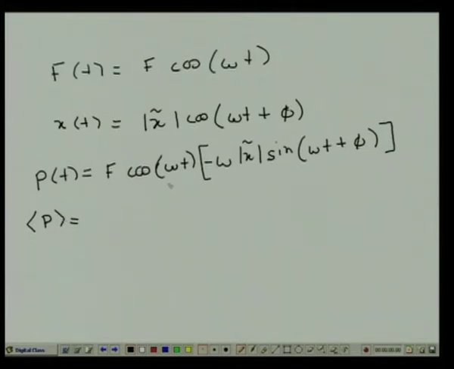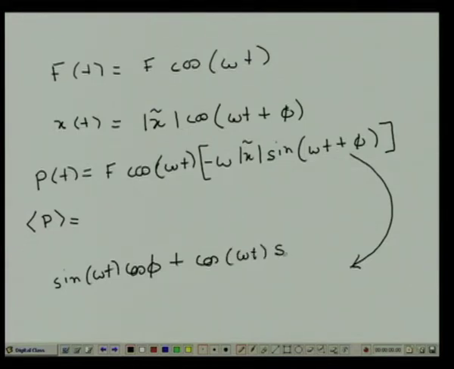This calculation would be simplified if I were to write sin(omega t plus phi) as sin omega t cos phi plus cos omega t sin phi. So, this term can be broken up into two terms, one is sin omega t into cos phi, the other is cos omega t into sin phi.